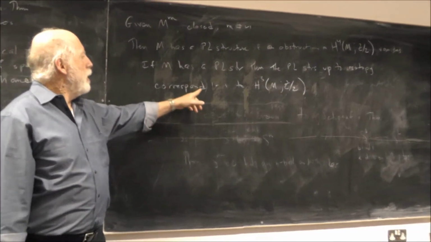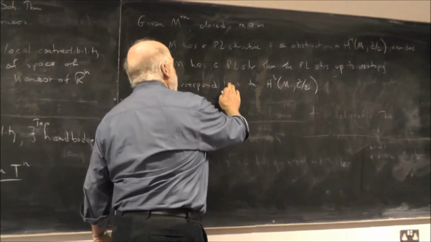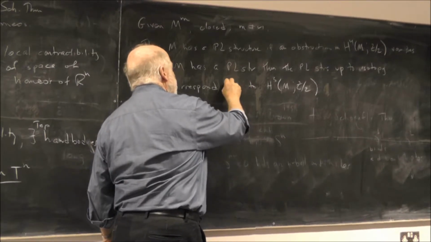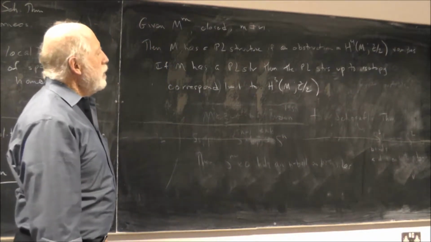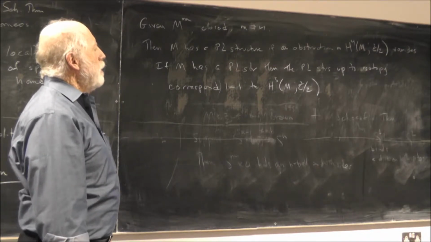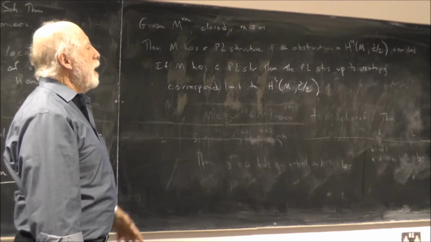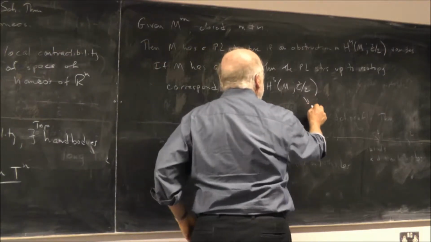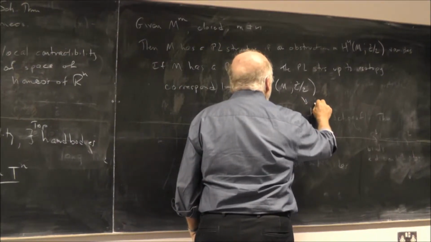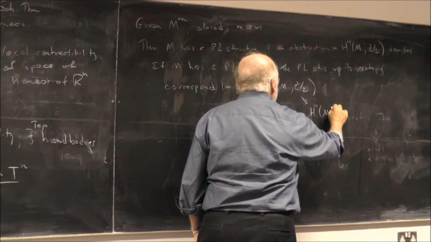Now, I should mention that this theorem had a predecessor due to Dennis Sullivan, and he showed that if you had two PL structures, then up to homotopy, they were given by the image of this map, the Bockstein, into the fourth cohomology of them.